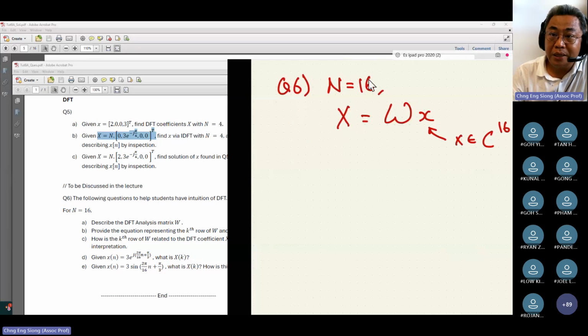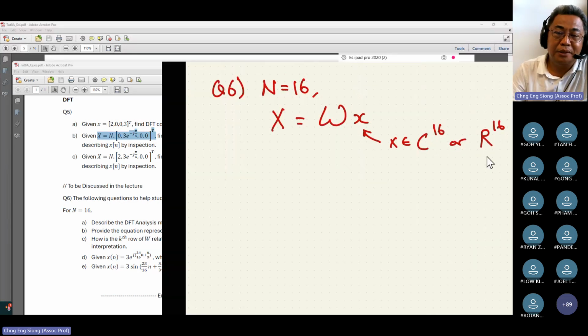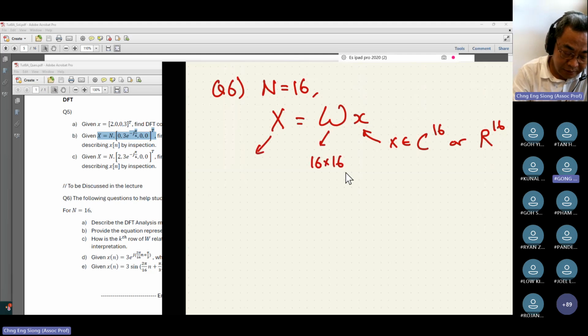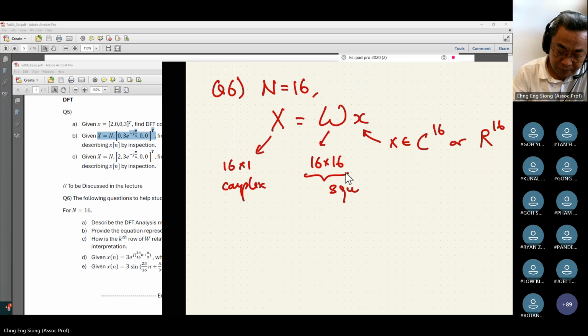We allow the input to be complex or real. And W is 16 by 16, and X is 16 by 1, and this is a complex vector. So W is square, 16 by 16. So that's the first thing we can tell about W.